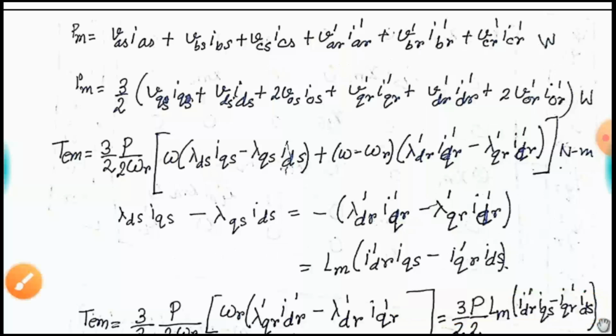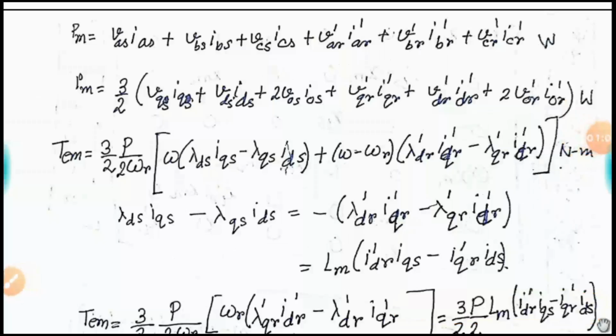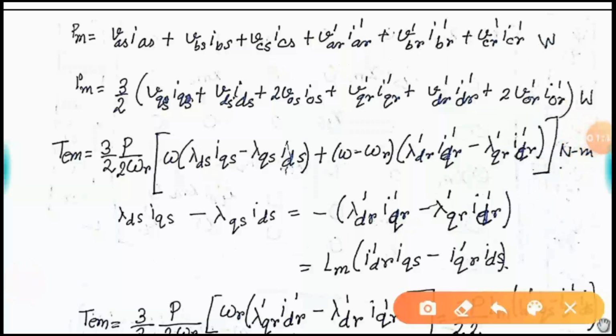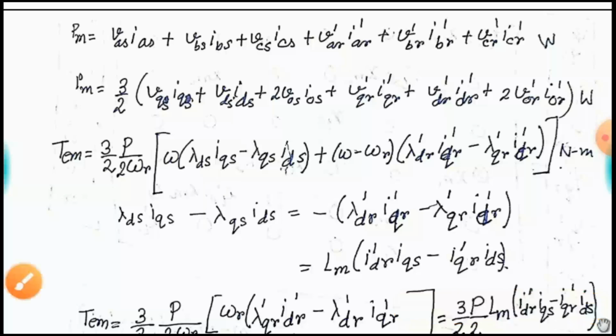What we can see here is that the ultimate expression will have only the speed power term. The remaining terms, p lambda i and I squared R, somehow cancel each other out, leaving us with only the speed power term.